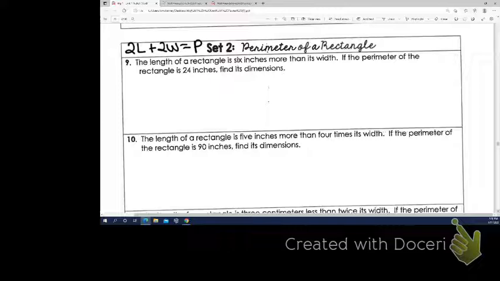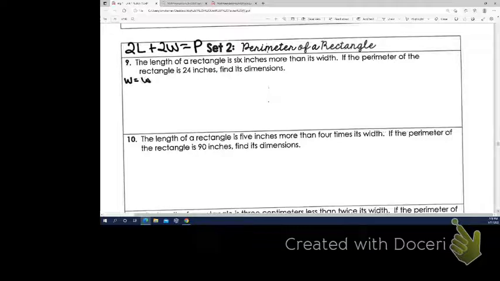The width is typically the shorter one, and so the width is going to be what we allow our variable to represent. I kind of go back and forth with this one. Sometimes I use x. Sometimes, since it's width and I've already got a formula, I'm just going to mix it up a little and use a w. I know.